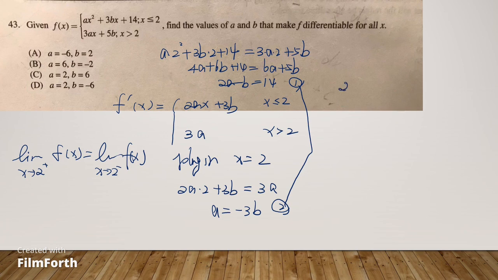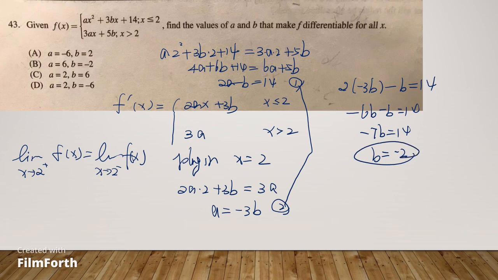So we substitute negative 3b for a back into the first equation: 2 times negative 3b, minus b equals 14. So negative 6b minus b equals 14. So negative 7b equals 14. So b equals negative 2.